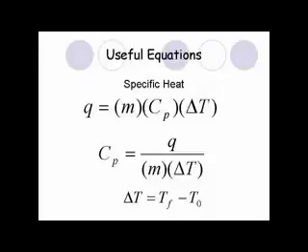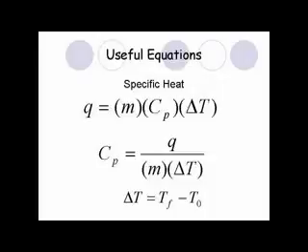We can rearrange this equation to solve for specific heat by making that equal to the heat in joules, Q, divided by the product of the mass times the change in temperature. And we find the change in temperature, delta T, by taking the final temperature minus the initial temperature. It's very important when you do that you include the sign.